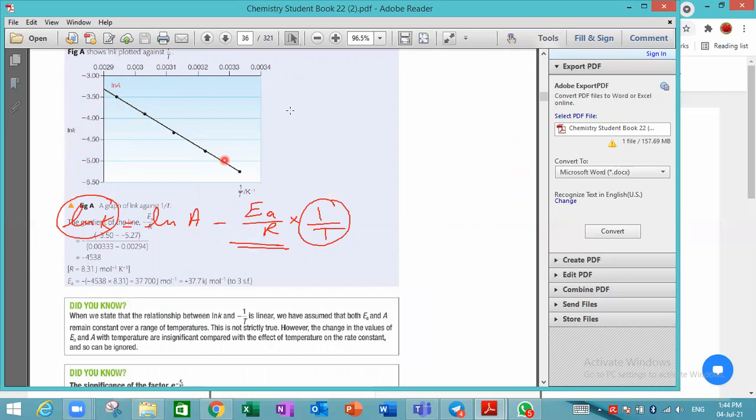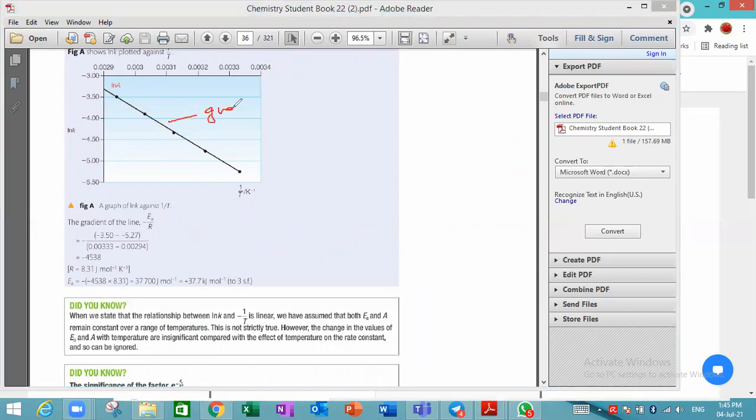Now, we want to calculate the gradient of this line, because the gradient is equal to minus EA/R. So we are going to take any two points on this straight line to calculate the gradient.